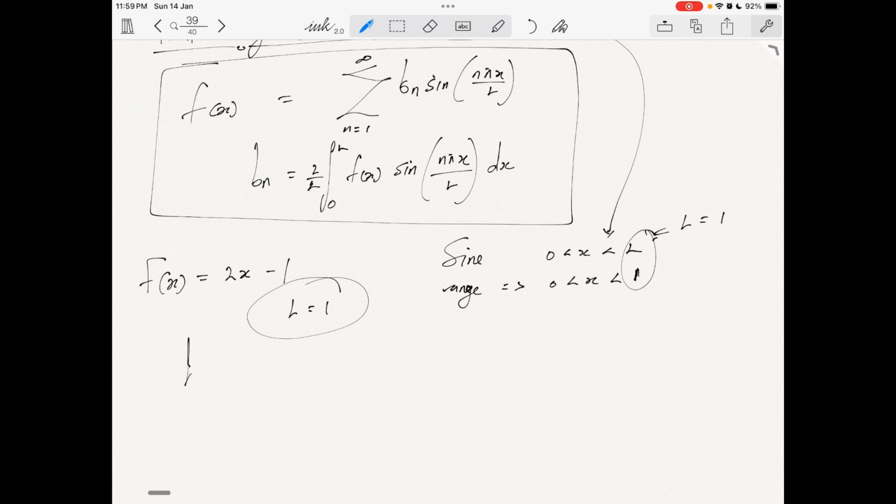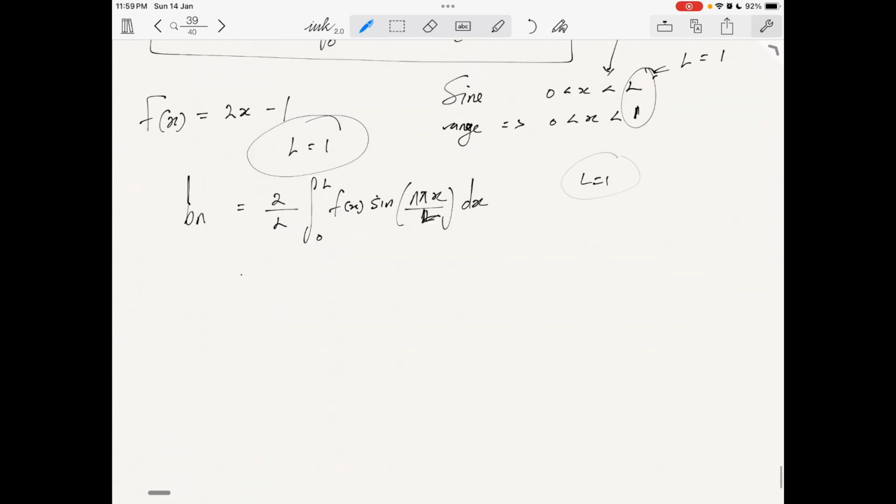So we want to evaluate bn. bn is equal to 2 over L integral from 0 to L of f of x sine n pi x over L dx. Now let's substitute our L equals 1 there. So we have 2 over 1 integral from 0 to 1 of f of x sine n pi x over 1 dx.